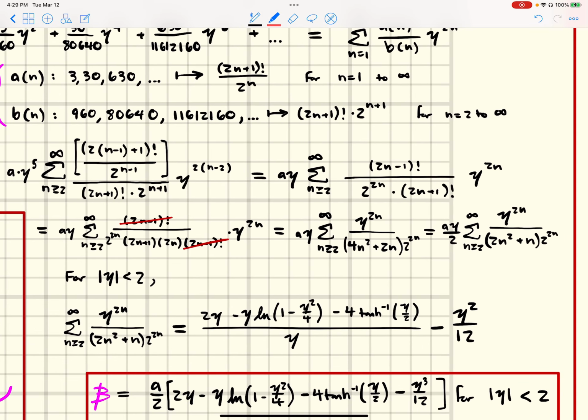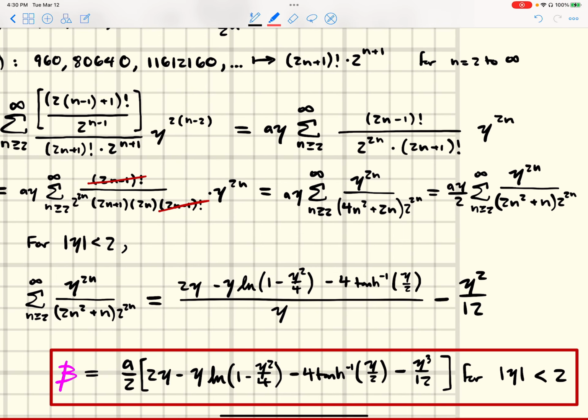And I'm not going to go through the derivation exactly of how to solve for that infinite sum, but it suffices to say when gamma is below 2, if you actually do solve the infinite sum, you're going to get a term that has this nice analytical form, which is 2 times gamma minus gamma times the natural logarithm of 1 minus gamma squared divided by 4, minus 4 times the inverse hyperbolic tangent of gamma divided by 2.